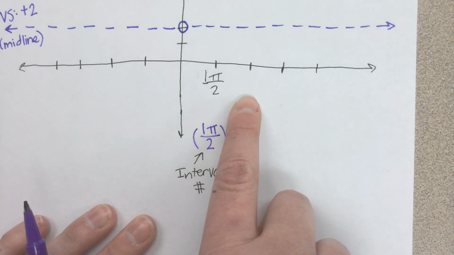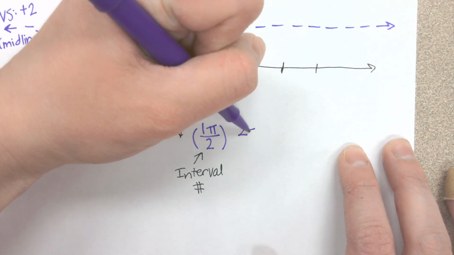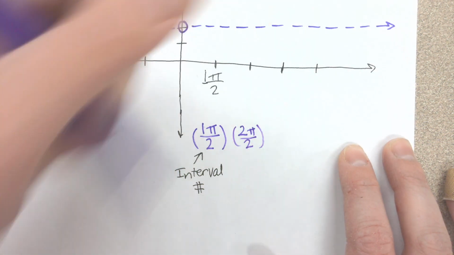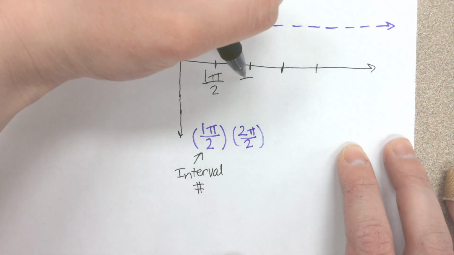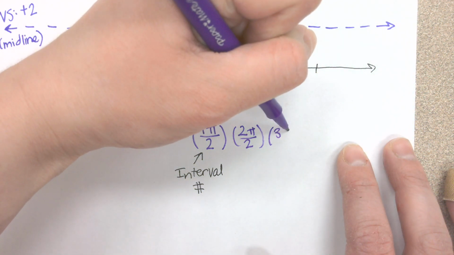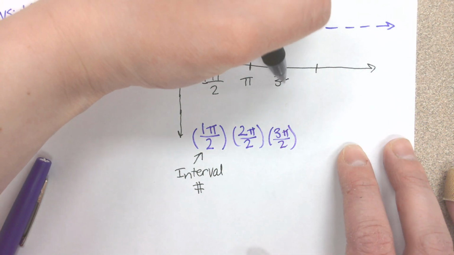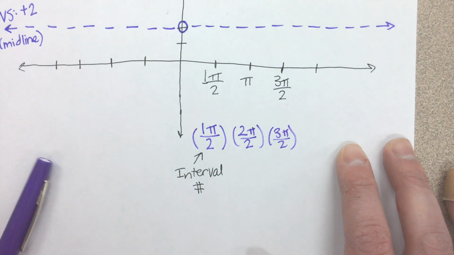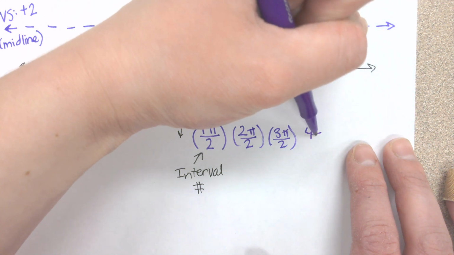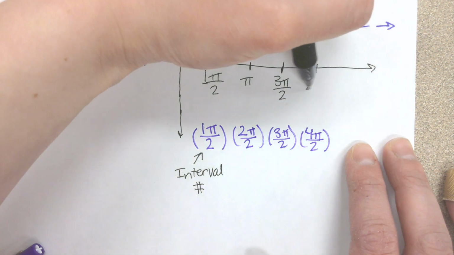And then from one notch to the next, it's a distance of 1 pi over 2. So I'm just going to go up by 1. The next notch is 2 pi over 2, which of course reduces to just pi. Next notch is 3 pi over 2, which does not reduce. And the last notch is 4 pi over 2, which reduces to 2 pi.